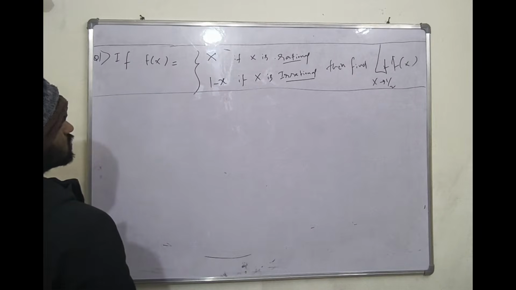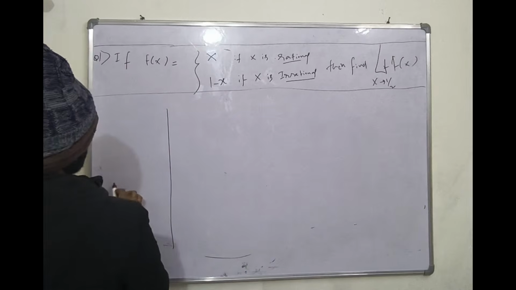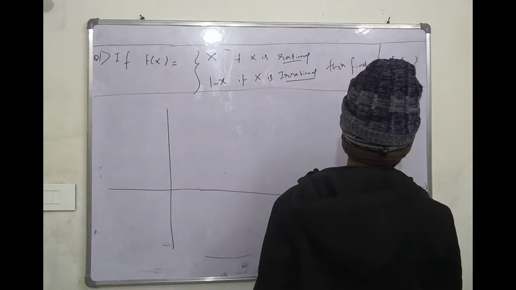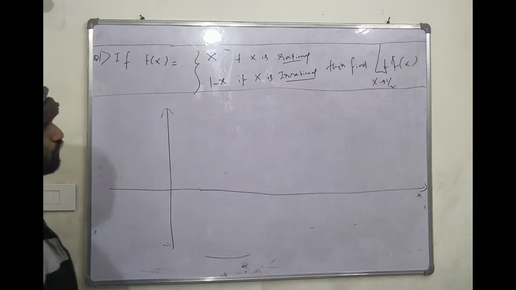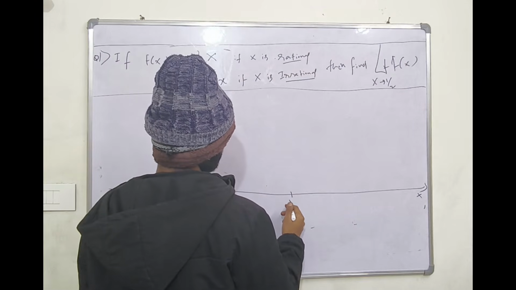Before this I want to talk about the number line. This is our real axis x, and this is our 1 by 2.